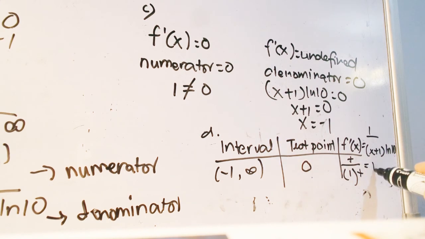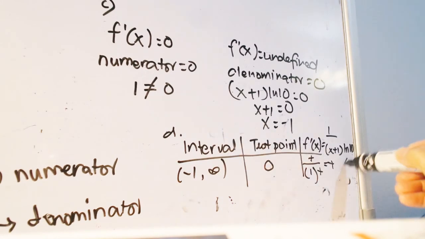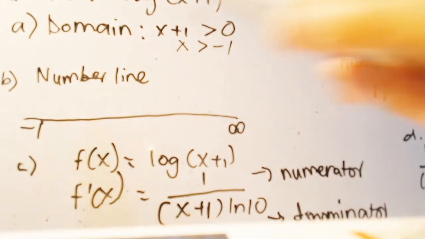So positive and positive is positive. It means that the function is increasing from where to where? From minus 1 to infinity. So you can draw a straight line going up.